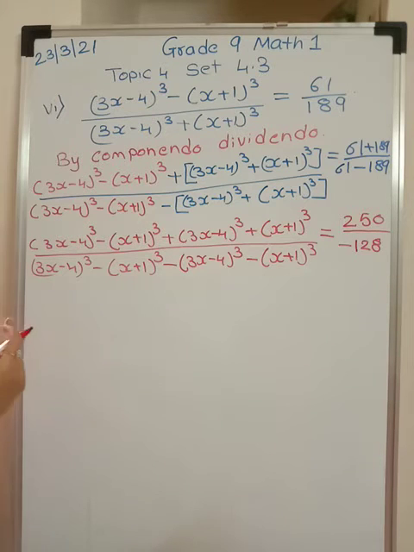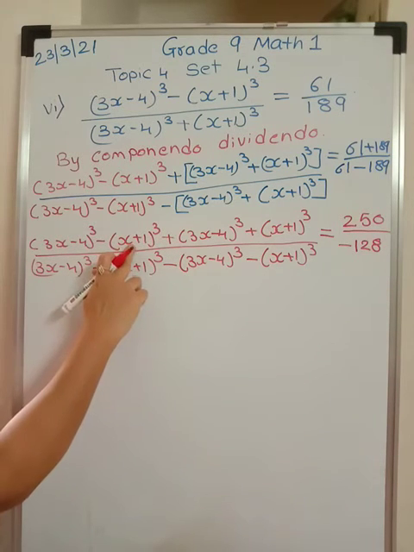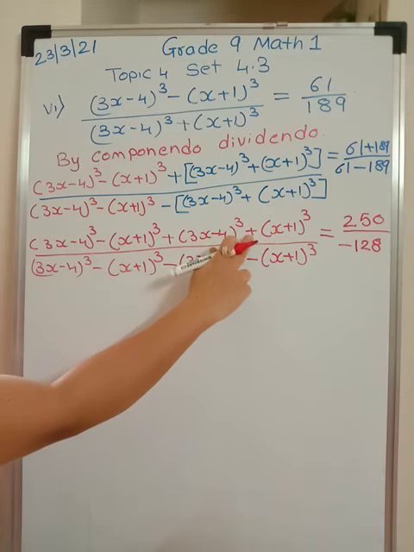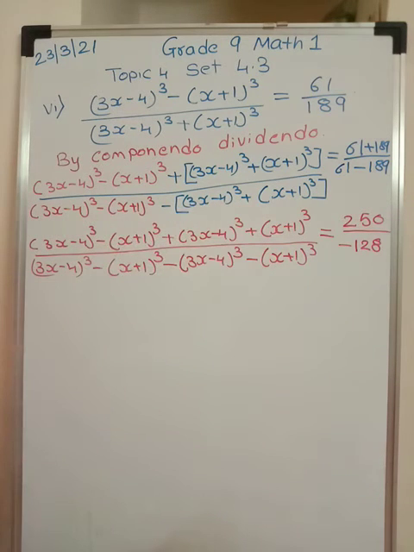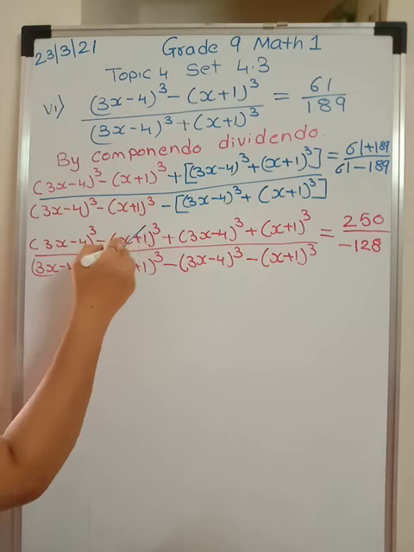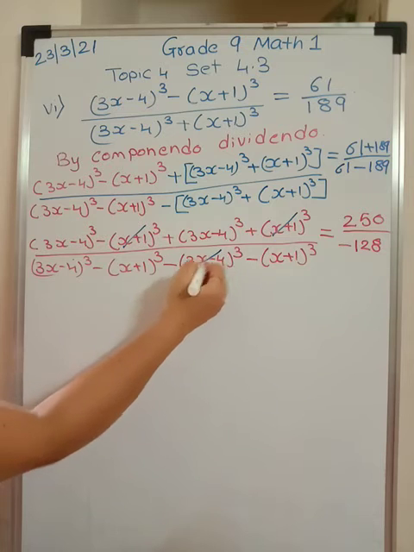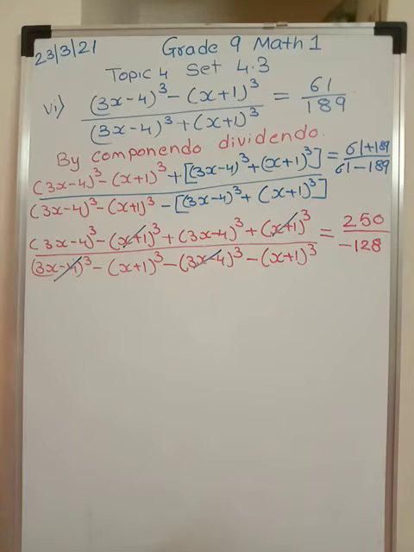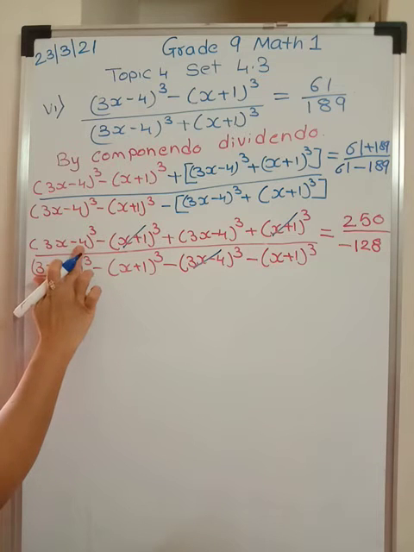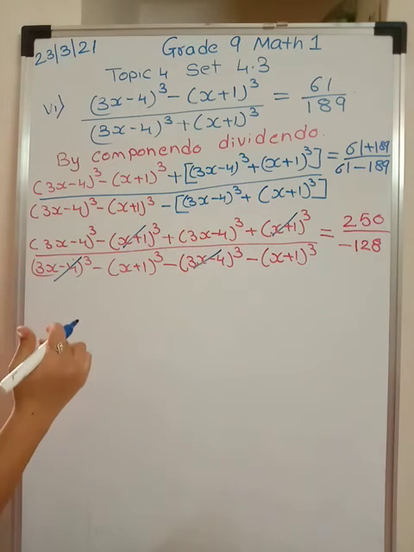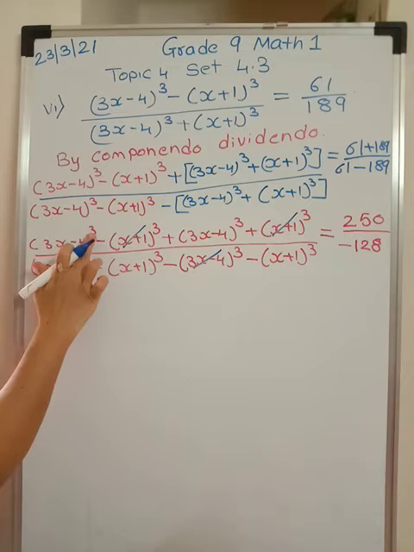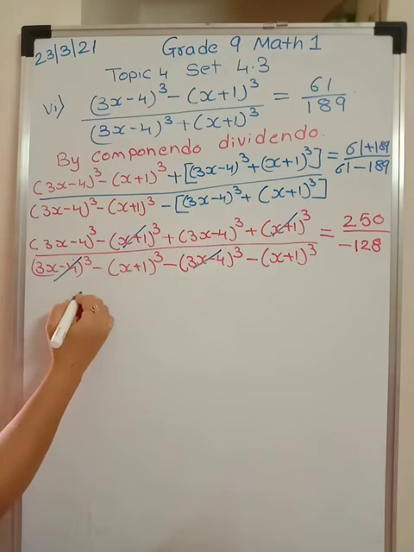Now let us see what is going to happen over here. Minus x plus 1 the whole cube plus x plus 1 the whole cube, this I am going to cut with opposite sign. Then here 3x minus 4 the whole cube minus 3x minus 4 the whole cube, gone. Now what is remaining? We have 3x minus 4 the whole cube plus 3x minus 4 the whole cube.